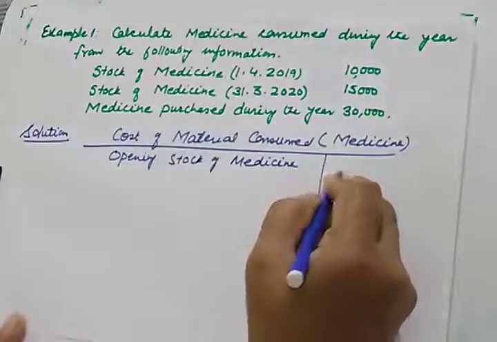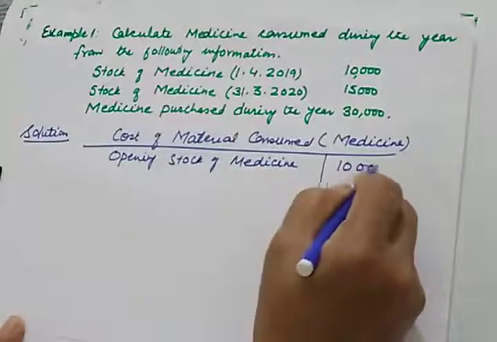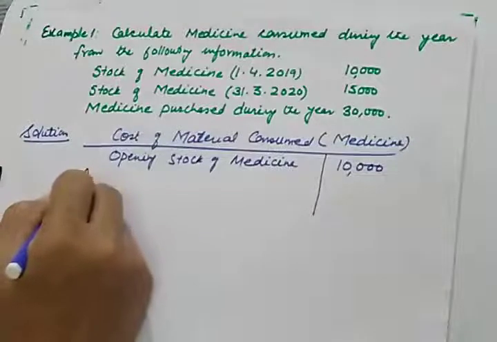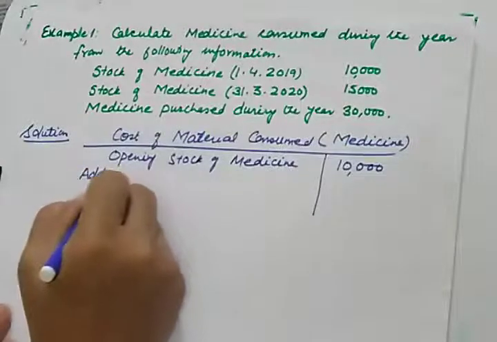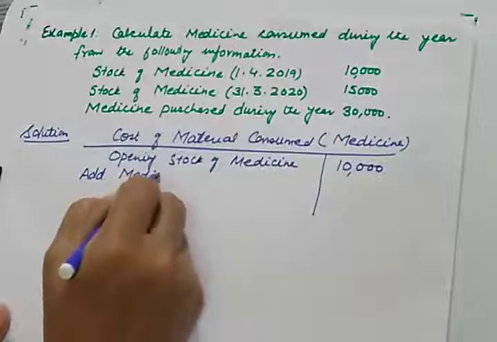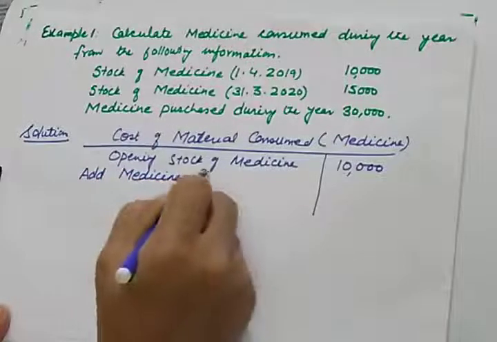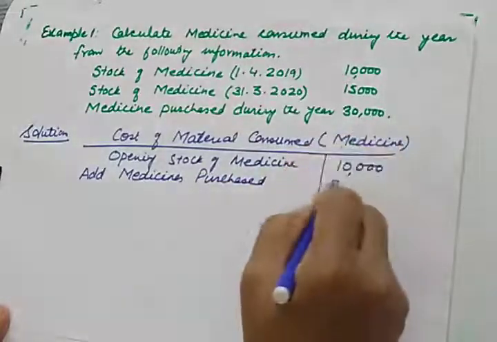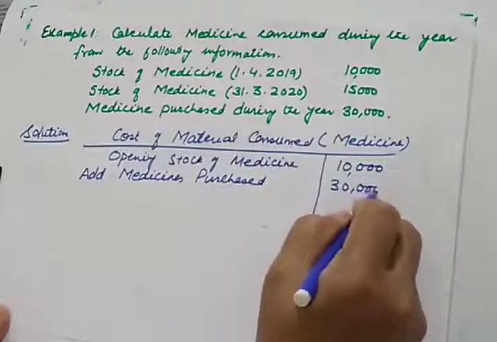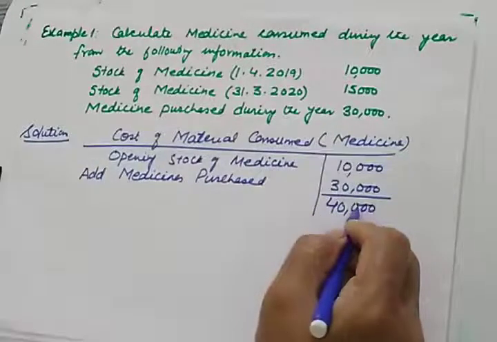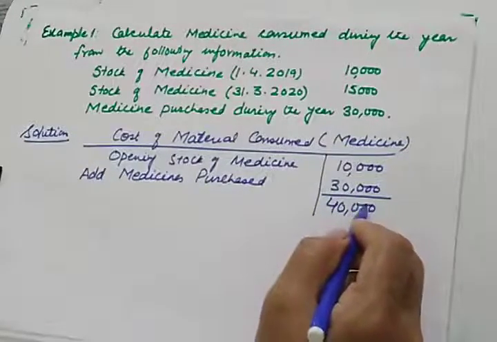So opening stock is 10,000. To this 10,000 you can add purchases during the year, medicines purchased during the year. So medicine purchases are 30,000. So total medicines available for consumption are 40,000.